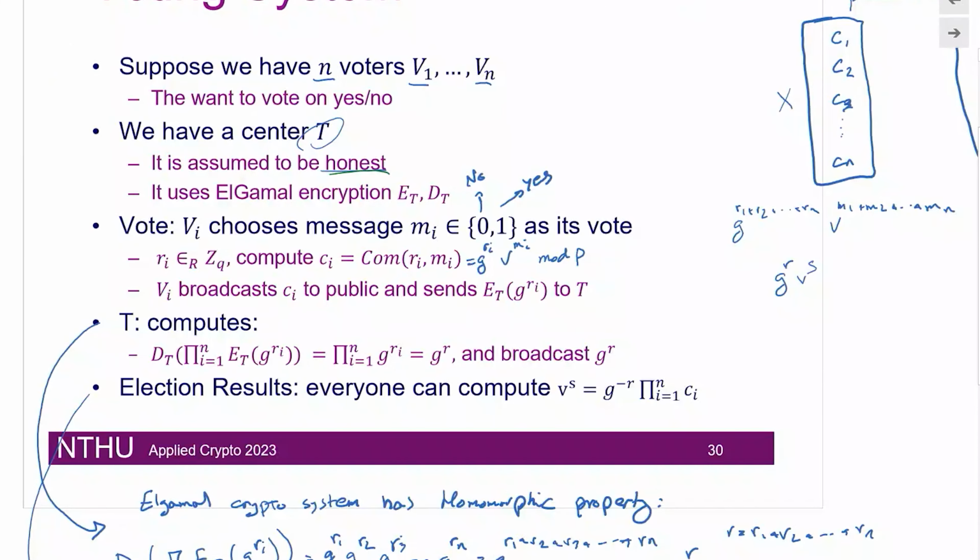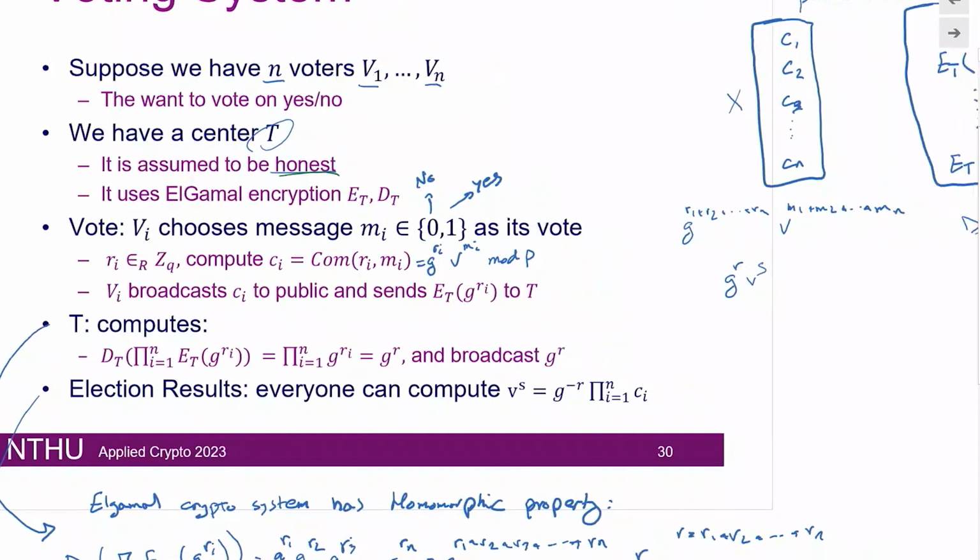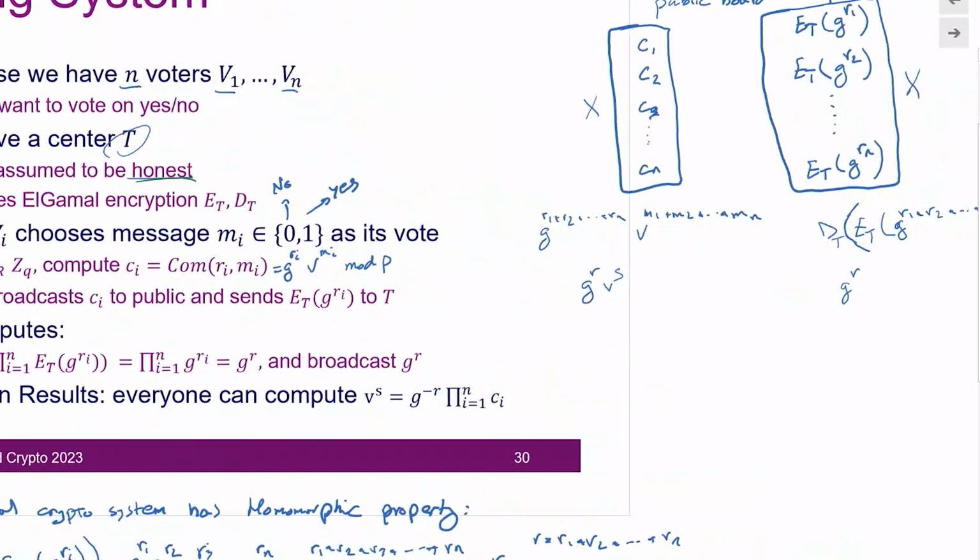The reason for this is that if he is not honest, and if he can do computation arbitrarily, he can go ahead and decrypt this piece. When he decrypts this piece, he can recover G to the Ri, and therefore he can understand what this person has voted for.